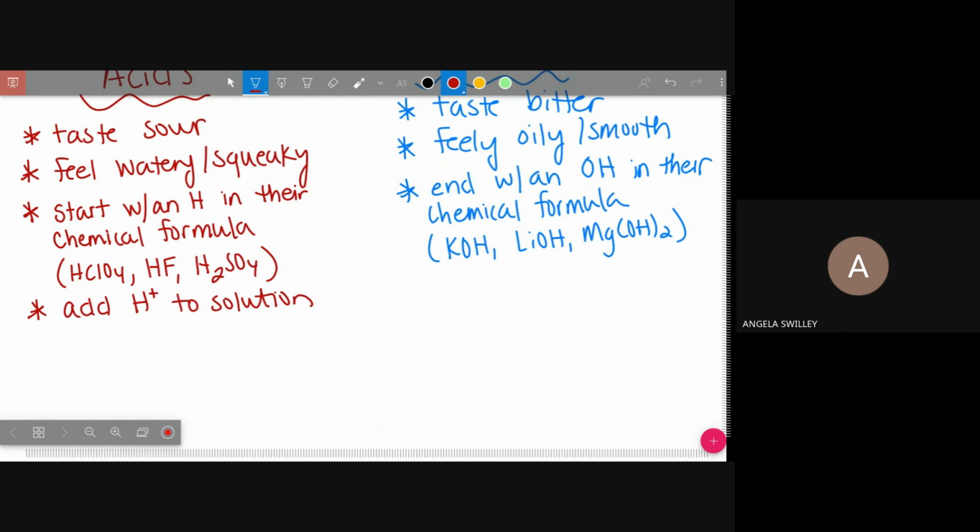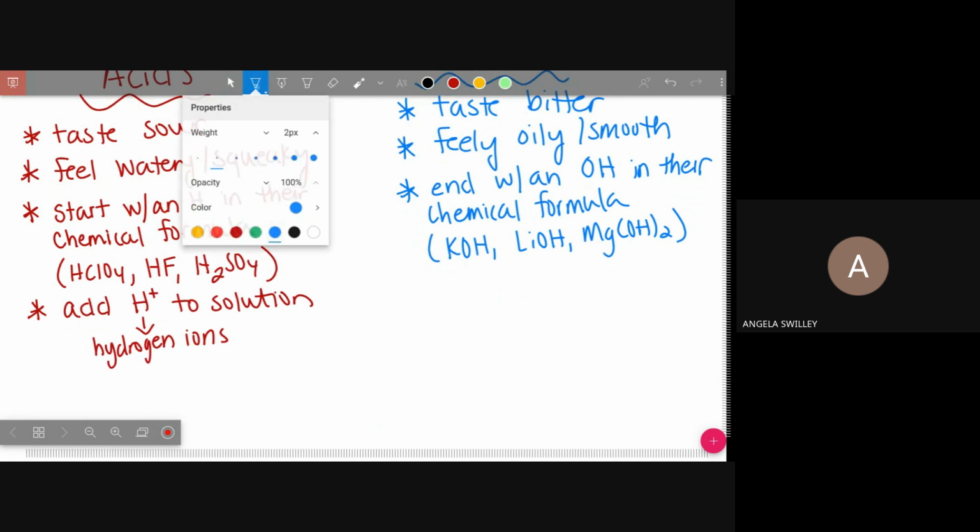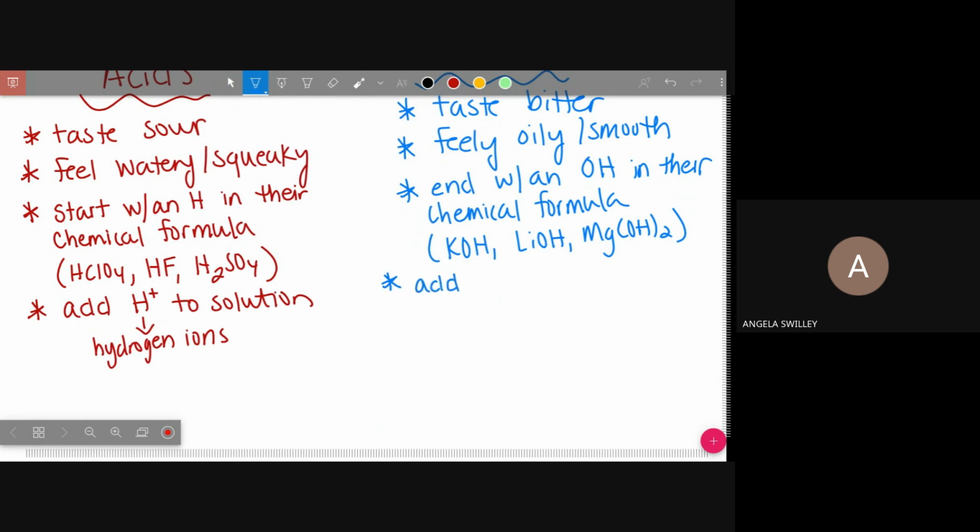So when you put an acid into water, it's going to add hydrogen ions, and H+ means hydrogen ion. The bases have the OH groups fall off, so they add hydroxide ions to solution. And OH- is hydroxide ion.